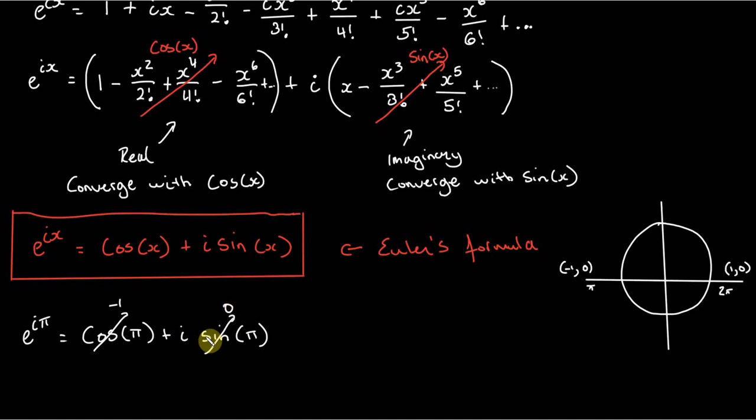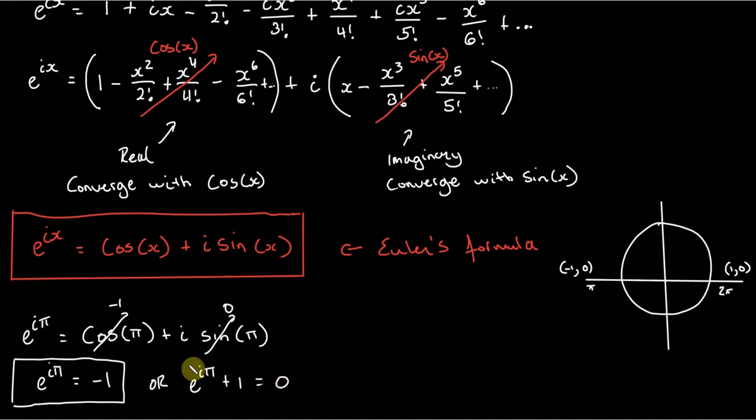Well, that's just going to cancel out with i as well. And so what we end up with here is e raised to the power of i times pi equals -1. Or we could write e to the power of i times pi plus 1 equals 0.